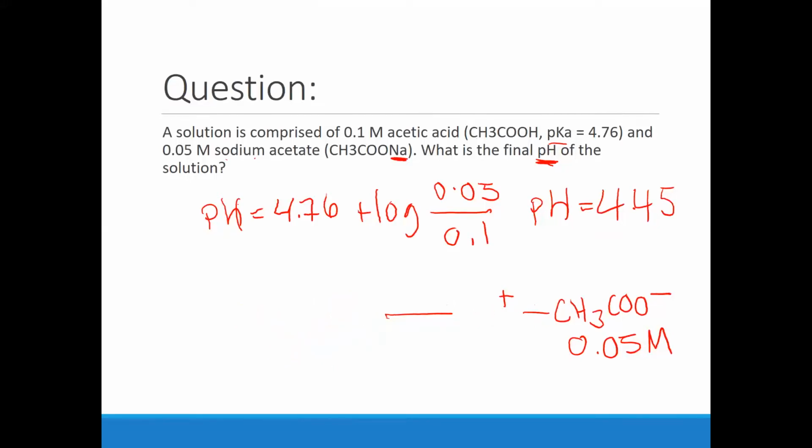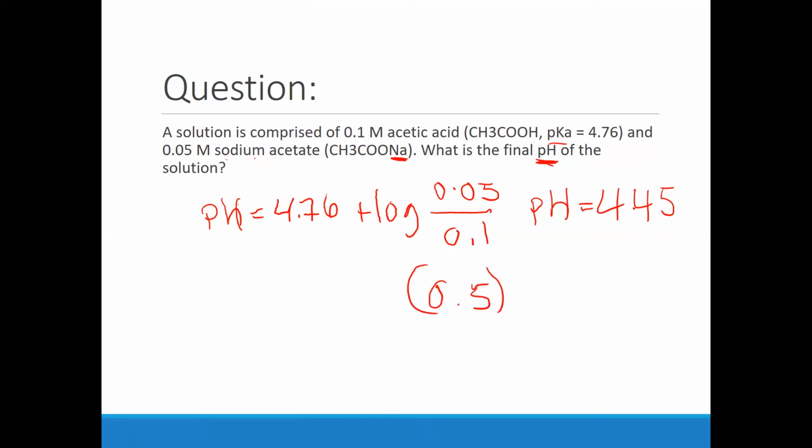Again, just to kind of work it out, show you what is going on here. 0.05 divided by 0.1 is going to be 0.5, taking the log of that and adding it to 4.76.